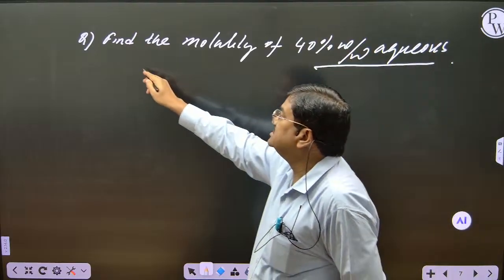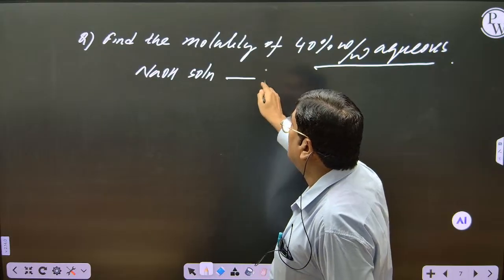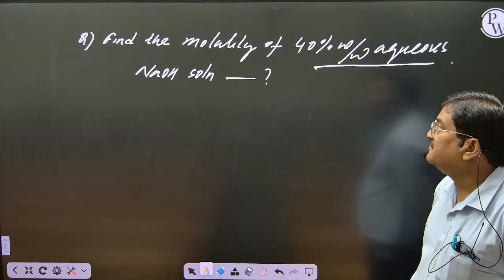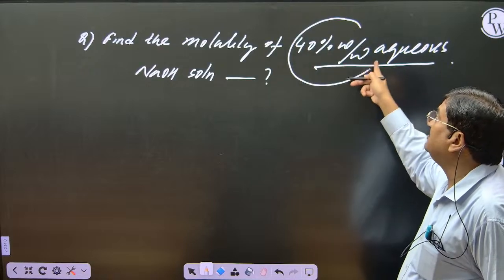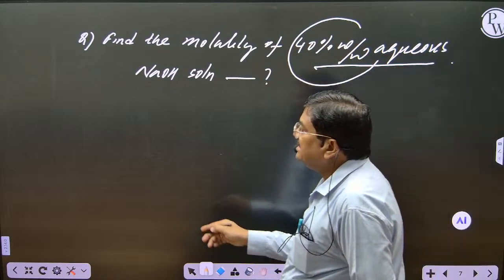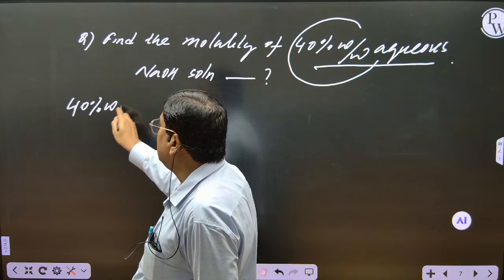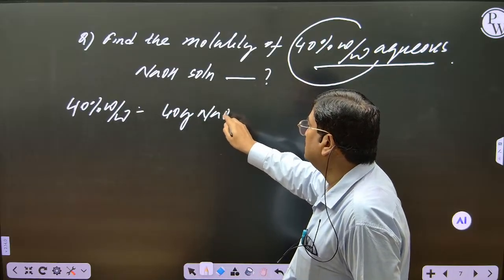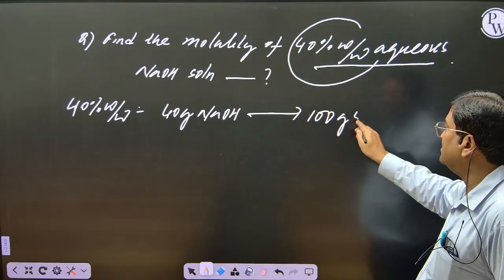Now the question you understood: I am asking to find molality, and I have given 40% W by W. Just now we learned, 40% W by W means what, students? Mass percentage. That means 40 grams of NaOH is present in how many grams of solution? 100 grams of solution, no?